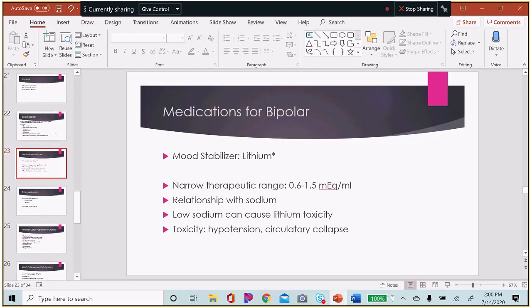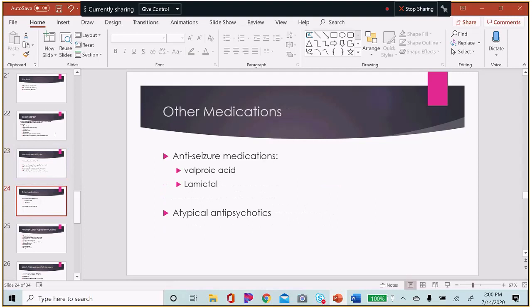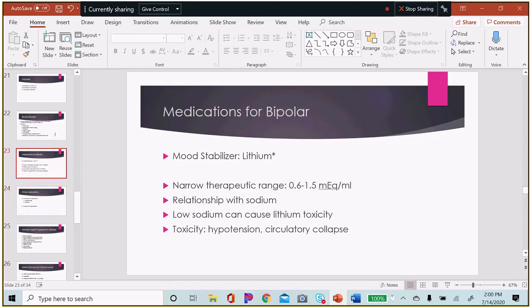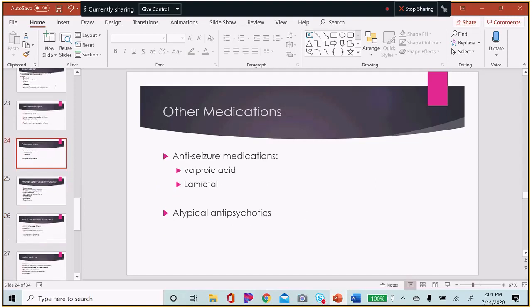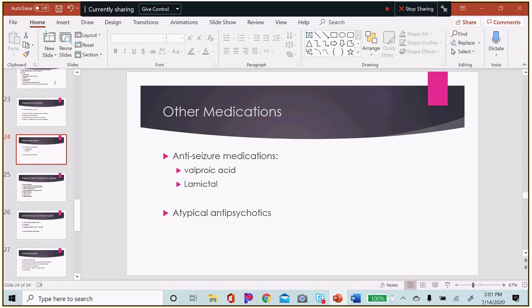It was that imbalance of sodium. So we have to be careful with people on lithium. Their level gets checked. If they're feeling sick at all, they need to let their provider know, because their medication might need to be adjusted or held. So we do have to be careful with that. Otherwise, like I said, they might be on other anti-seizure type medications or even antipsychotic medications.